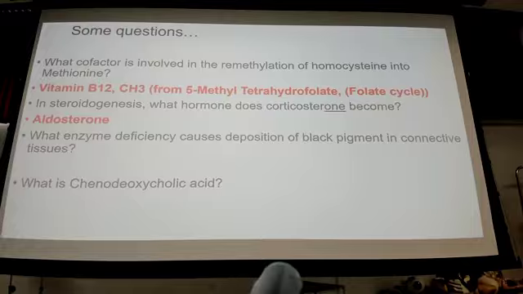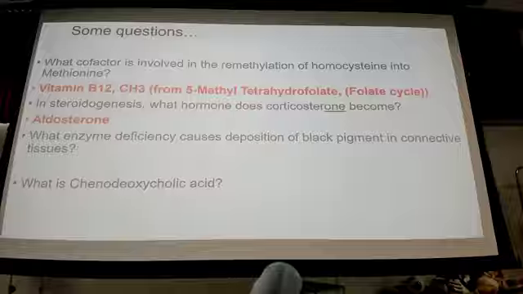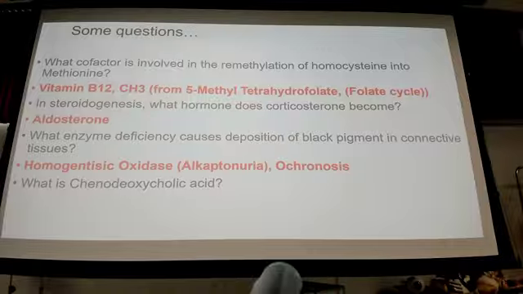What's the condition for the black deposition pigment? Ochronosis? Sure. That's okay, I understand. You'll get it, no worries. The enzyme is homogentisate oxidase. The condition is alkaptonuria, and the deposition is okay.